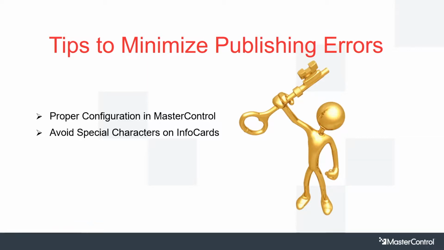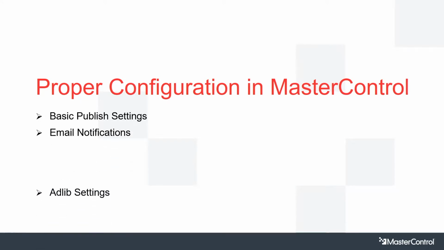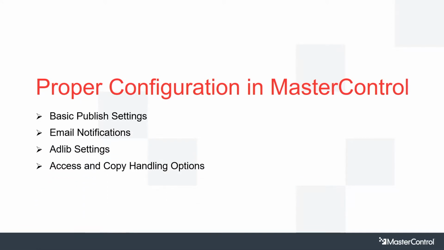I'm sure all of you have heard that from support. And then some document creation guidelines. So we'll be talking about your basic publishing settings, your email notifications, your ad-lib settings, your access and copy handling options, and finally the appearance options in MasterControl.